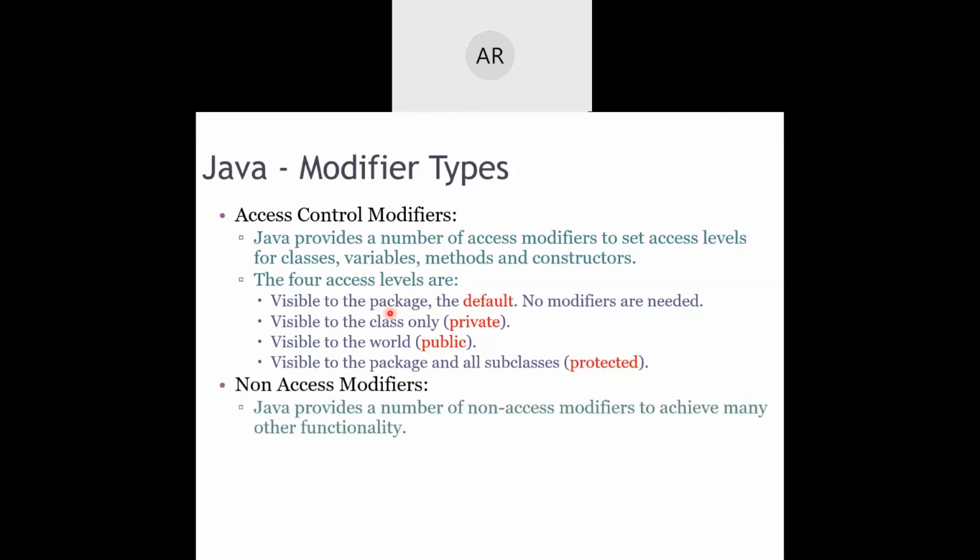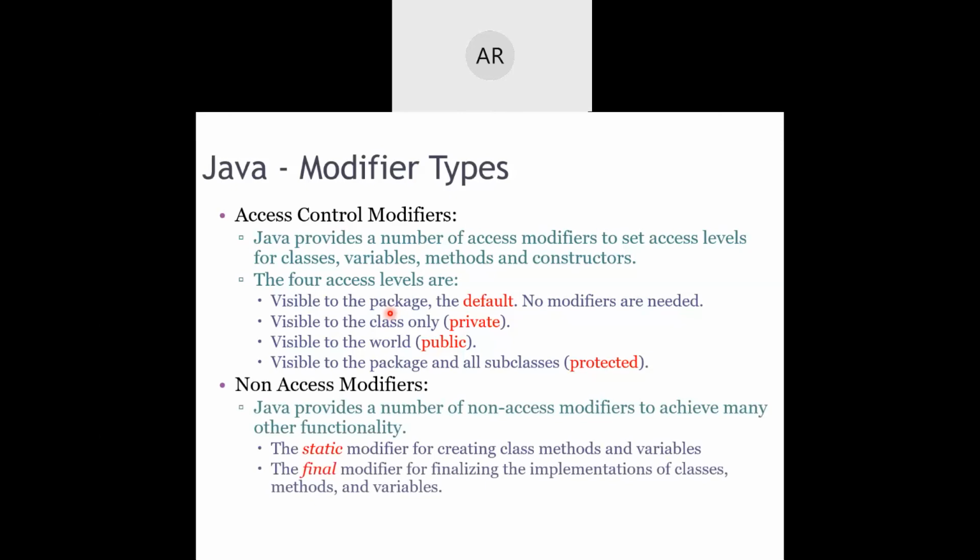Now, non-access modifiers are also there, a few of them, such as static and final. Static and final change the meaning of the accessing. For example, static variables do not depend on an object to be accessed. Final makes the variable's value a constant.